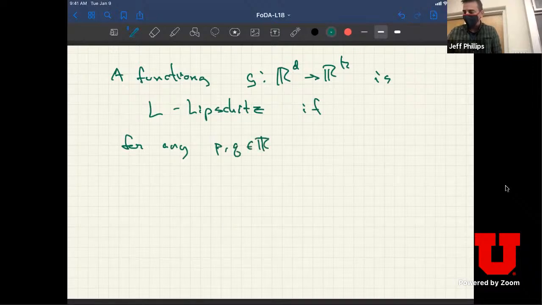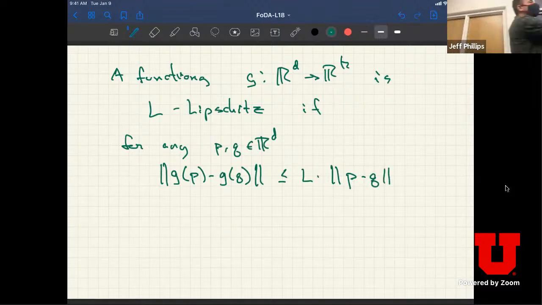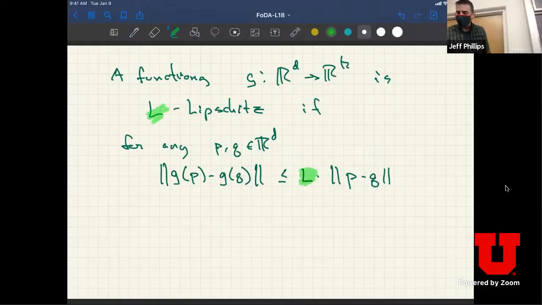P, Q in R^d, we have the following property: the function value at P minus the function value at Q is less than L times the difference between P and Q. So if P and Q don't move very far, then the function value also can't move very far, and this is controlled by some parameter L. That means it's L-Lipschitz.